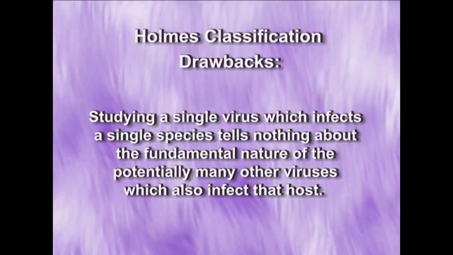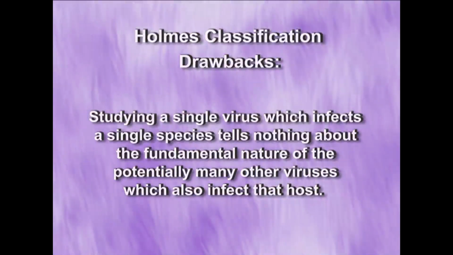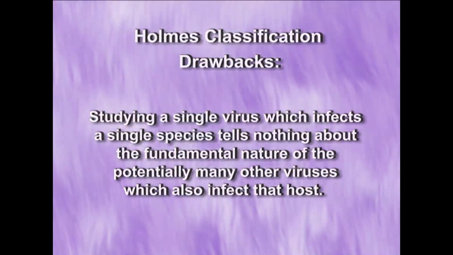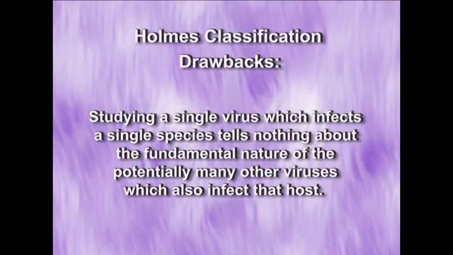So this was a serious drawback, and studying a single virus which infects a single species tells nothing about the fundamental nature of the potentially many other viruses which also infect the same host. It means there might be more than one variety of virus infecting the same host. But if we look into the fundamental characteristics of the viruses, we couldn't find any similarity between them.